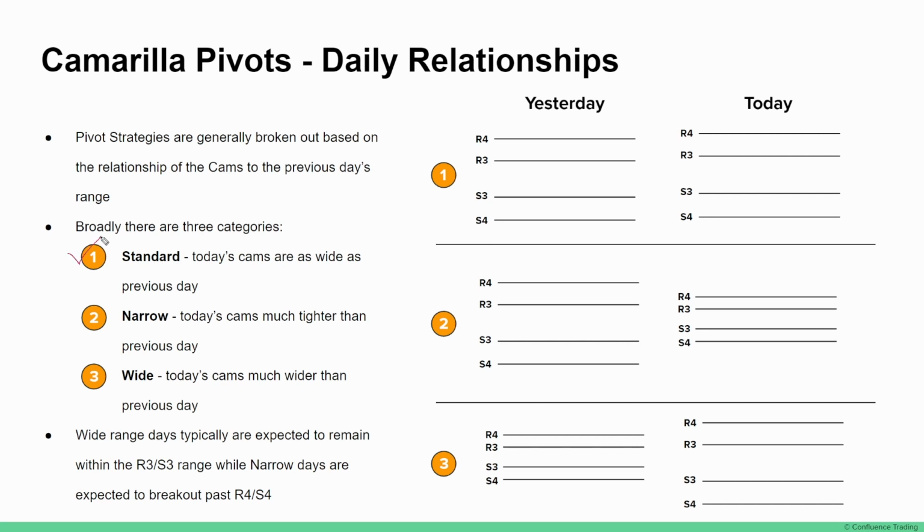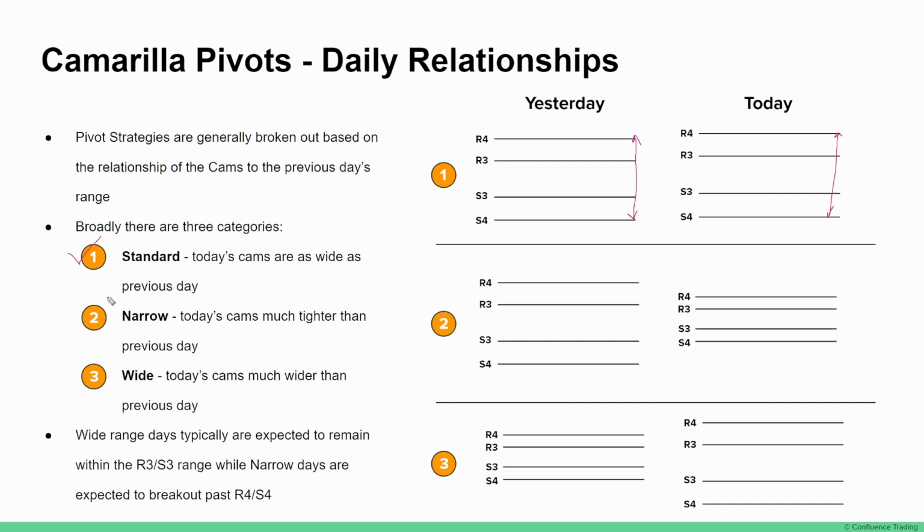The first one is standard, and that's when yesterday's Camarilla range, the distance between R4 and S4, is roughly the same as today's range. Don't focus so much on whether or not it's higher or lower, just focus on the distance between these 2 points being roughly the same.